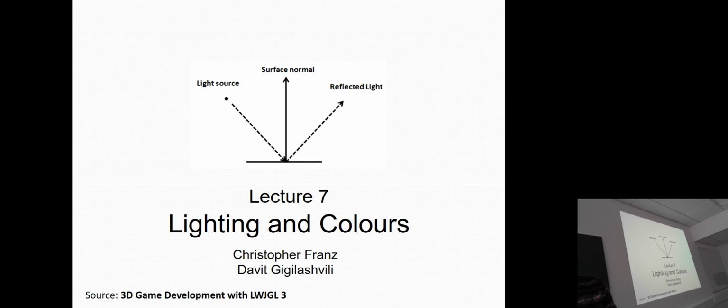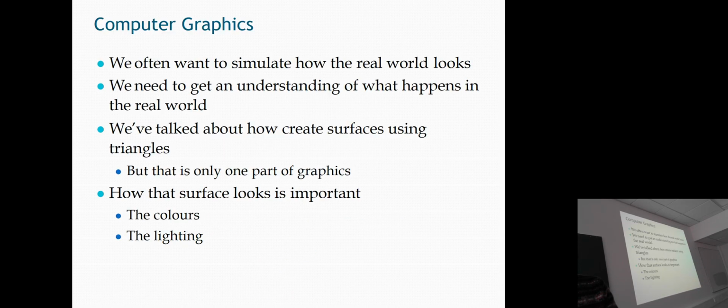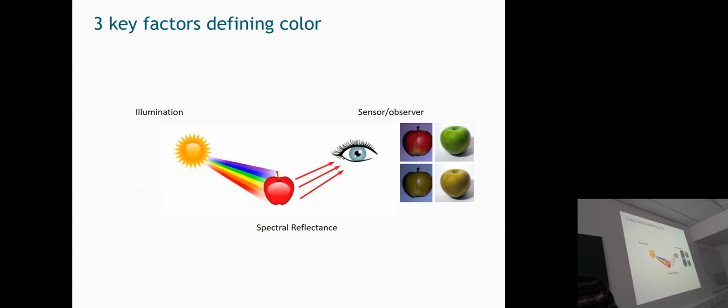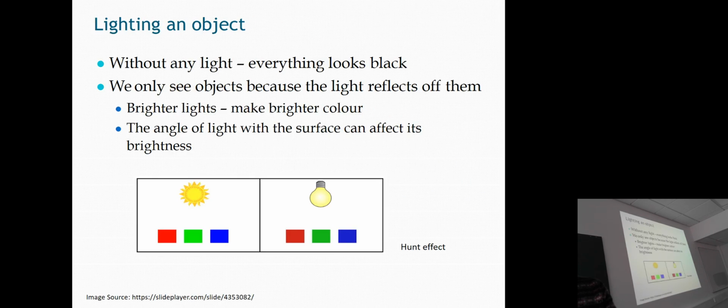So, just quickly go through what we were talking about last time. The 3 key factors that contribute to color: the illumination, the spectral reflectance or material properties of the object, and the observer or sensor.